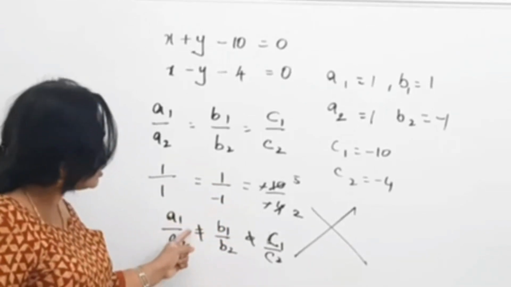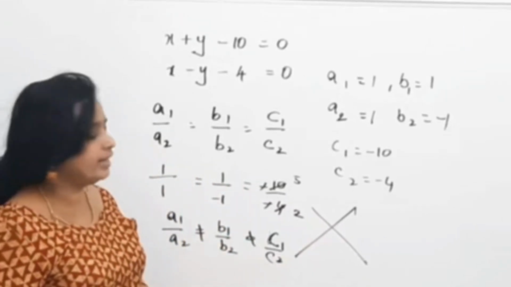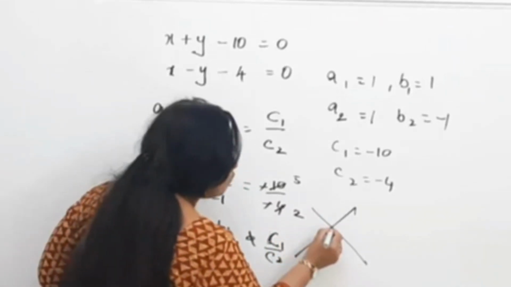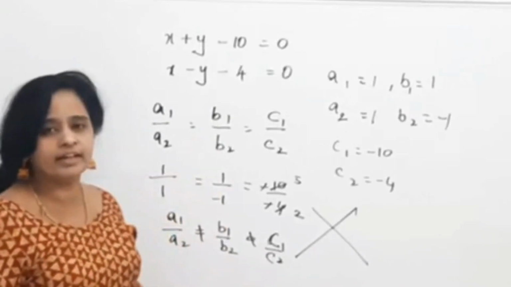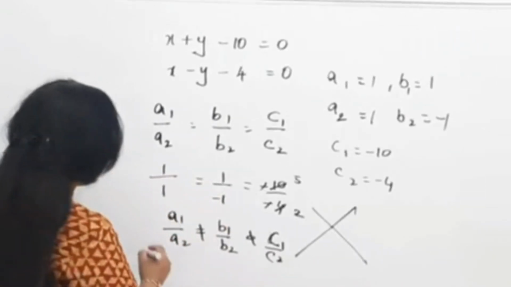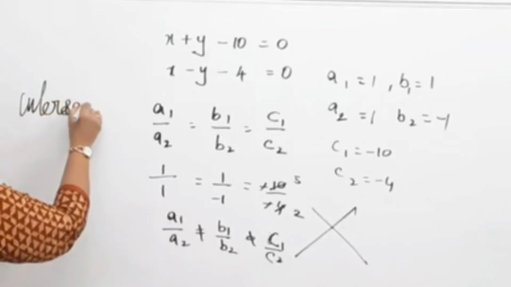That means you can conclude it is an intersecting pair of linear equations. It has only one solution. That means it is a consistent pair of linear equations. So we conclude it is intersecting lines.